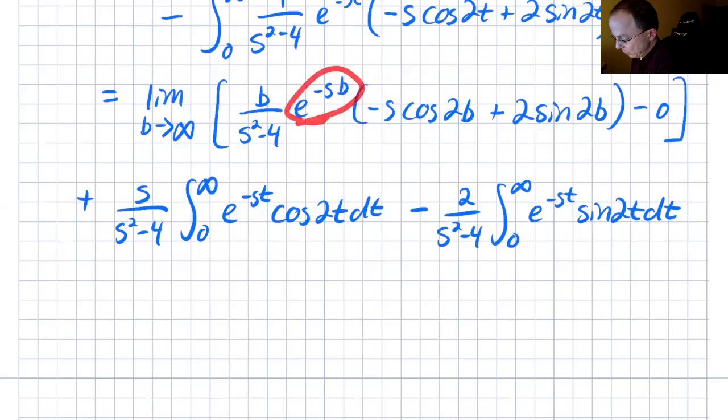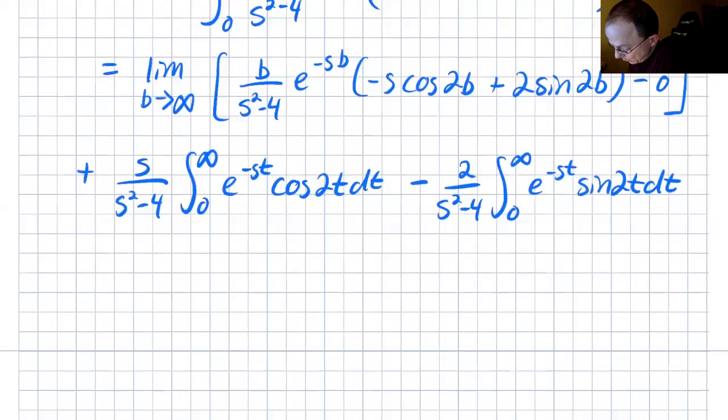So this will go to 0 much faster than anything else. This is bounded between -1 and 1. Same with this. So this whole thing never gets really big, so that this will go to 0. And then that thing will disappear as well. So this whole thing is going to go to 0. Okay, so that's what that limit does.